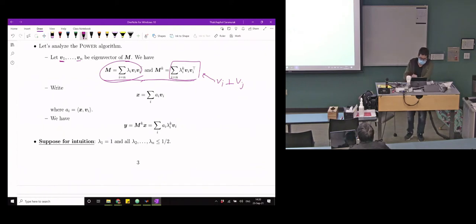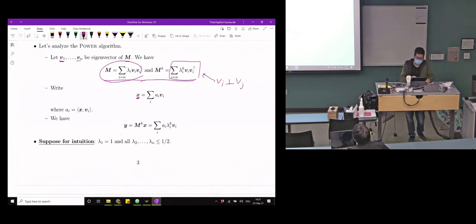Now let's look at our vector x, the random guy. Think of x as a random point in the hypercube, where each coordinate is minus 1 or 1. That's x.